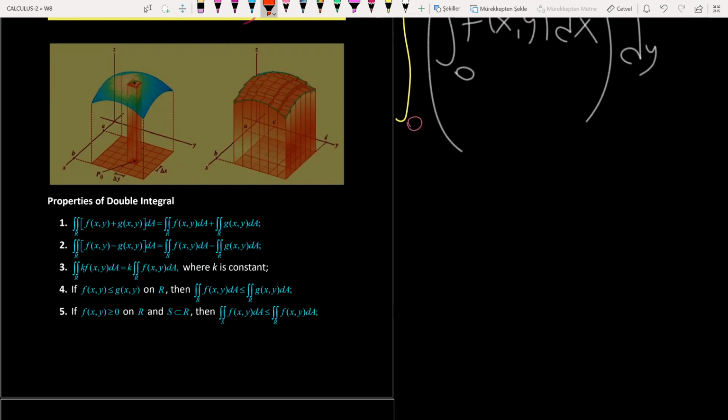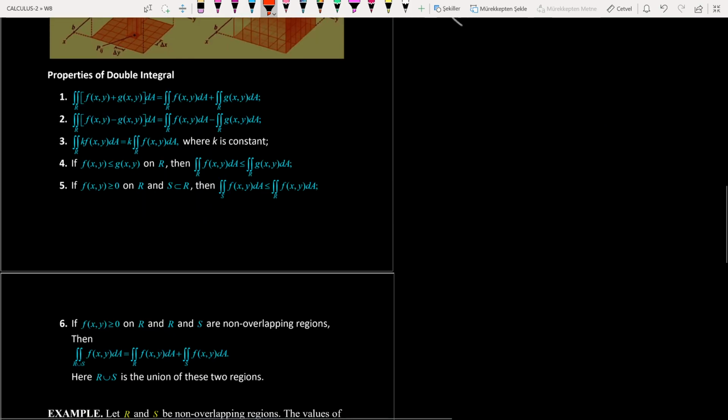Now let me continue to give the properties of double integral. Actually the properties of double integral are the same as the properties of single integral for the function of single variable. The first property, it's possible to write double integral of f plus g as double integral of f plus double integral of g.